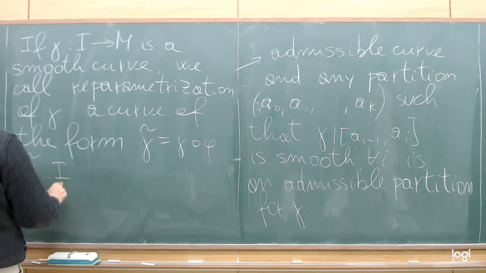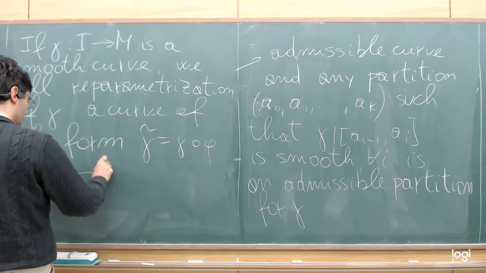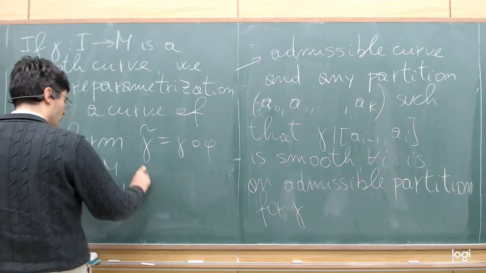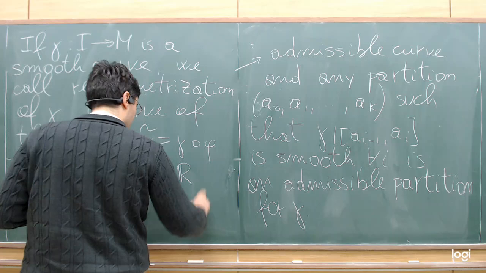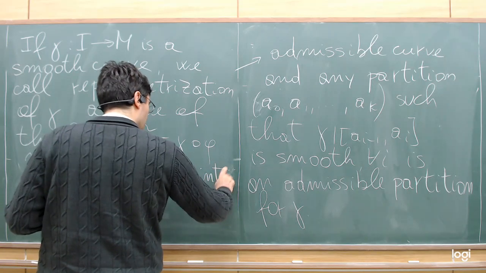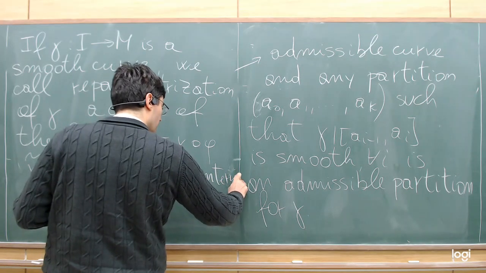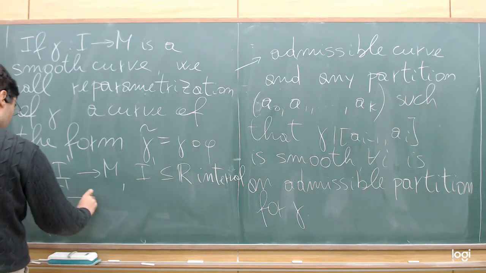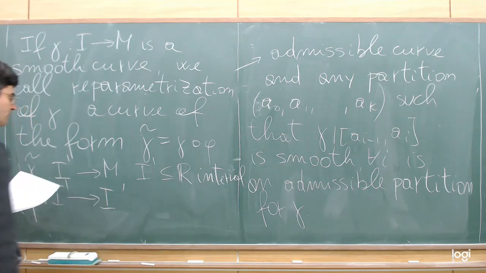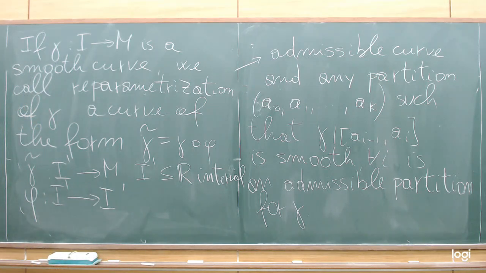This is defined between I prime and M, where I prime is an interval and phi is a map from I prime into I, which must be a diffeomorphism.